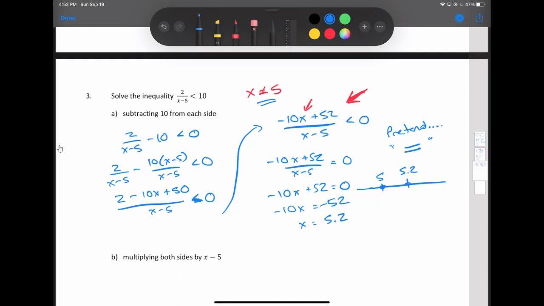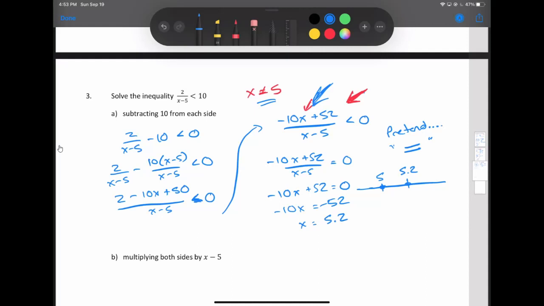Okay, so if I test a number bigger than 5.2, I'm going to choose, I think, 1,000,000. If I plug in 1,000,000 for x, I'm going to get essentially negative 10 million over 1,000,000, which is negative 10.